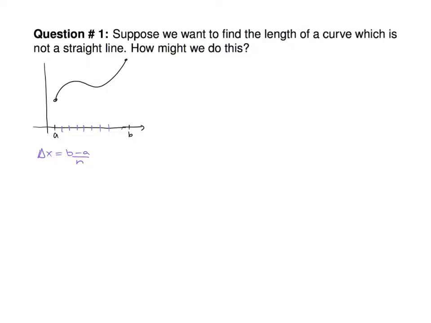Okay, so then what you're going to do is look at each little interval. And what kinds of things do you know how to find the lengths of, specifically? Straight lines. So if I connect those points with a straight line, I could estimate using the straight lines. I think Euclid found the area for a circle this way.